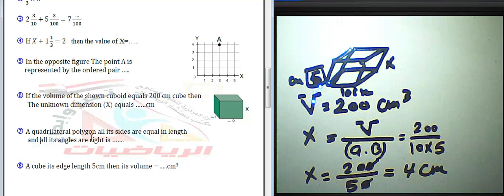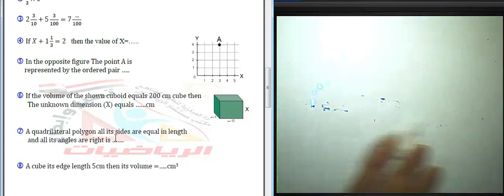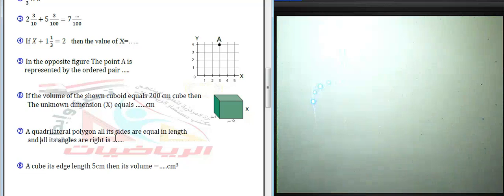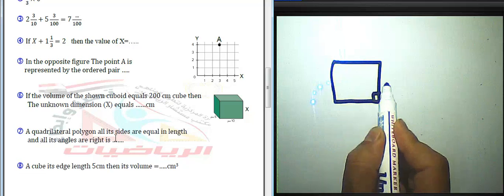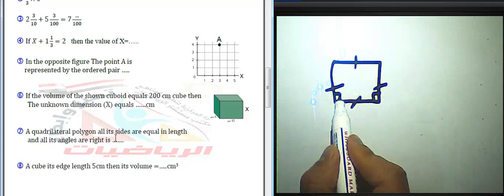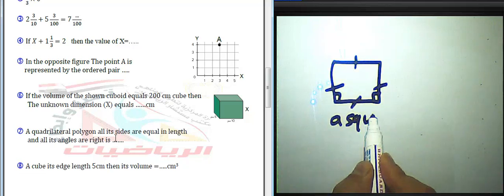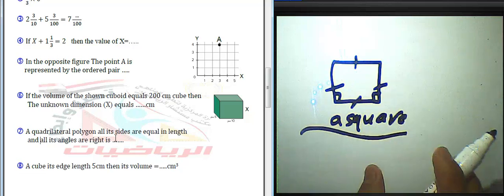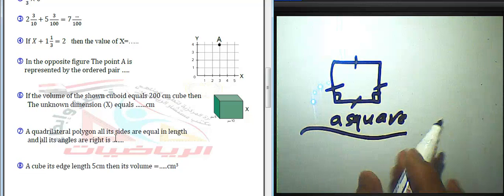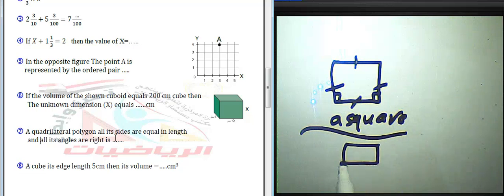A quadrilateral polygon, all its sides are equal in length and all its angles are right. We call it a square. We know that in a square, all sides are equal in length and all angles are right. So the result will be a square. But if he asked about all angles right only, it will be a rectangle.